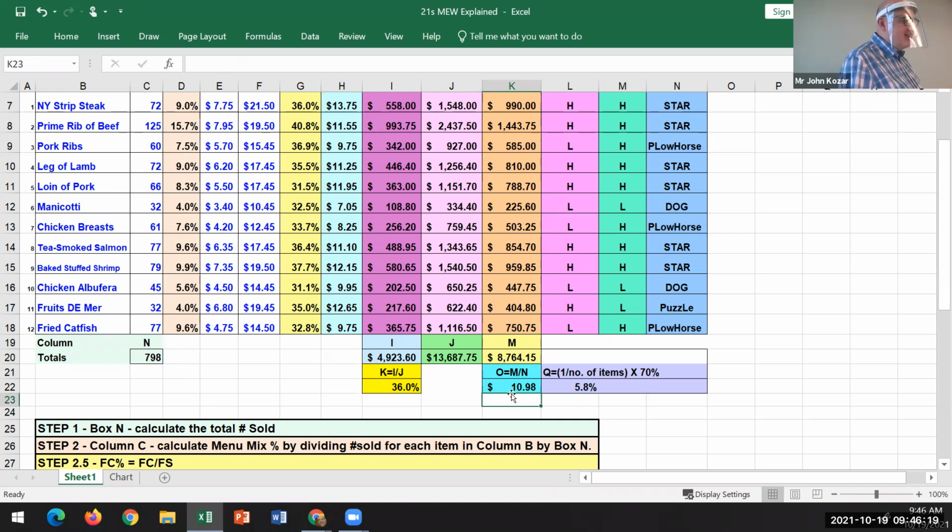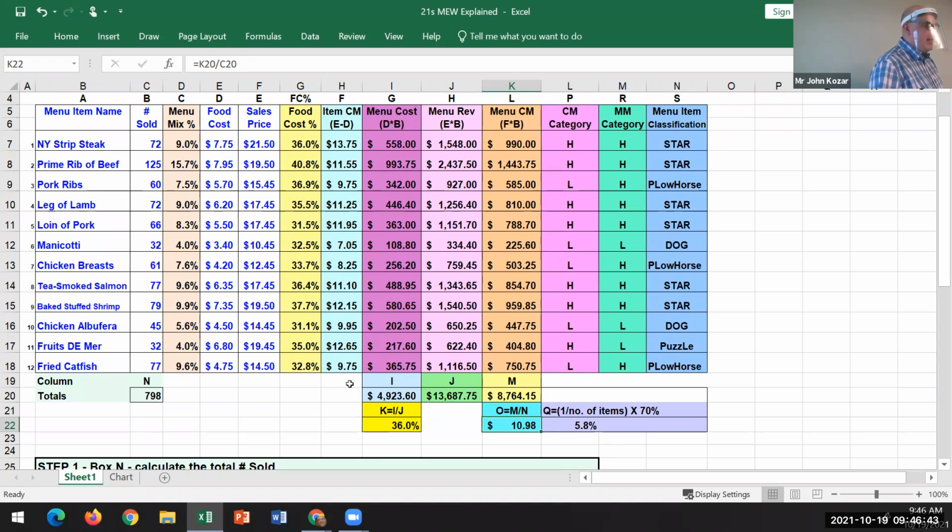So this box is going to tell us our average contribution margin, which is going to be important for us. We use that if we need to determine how many guests we're going to have to break even or to make a certain profit. On this form, we're going to use it as a comparison.